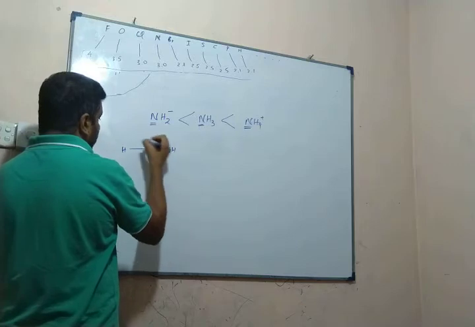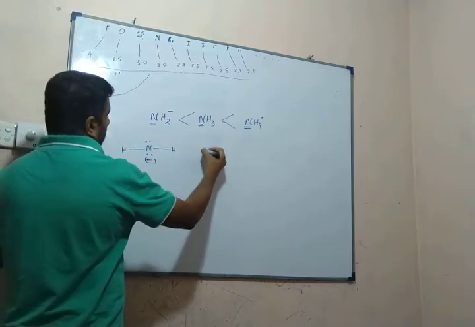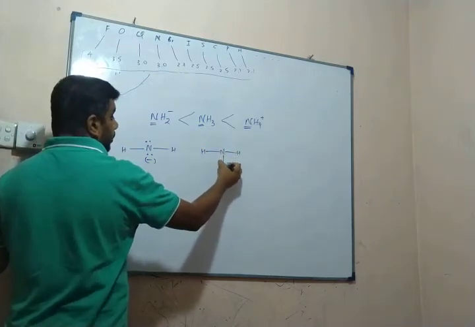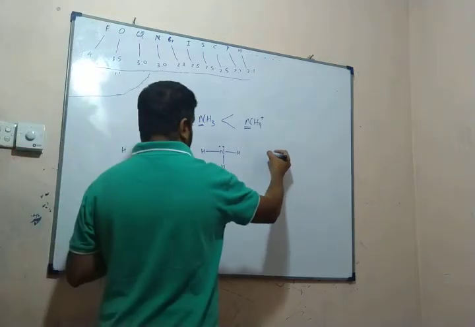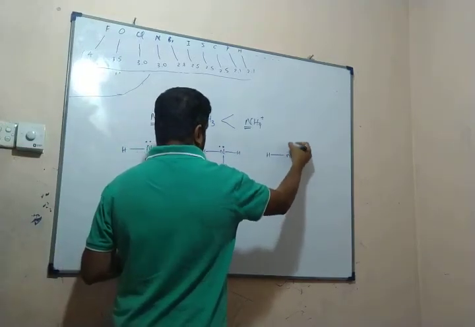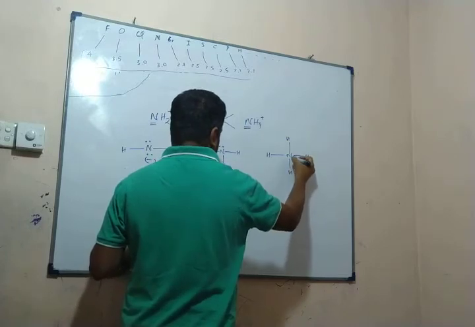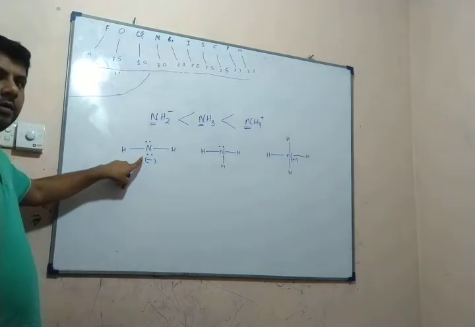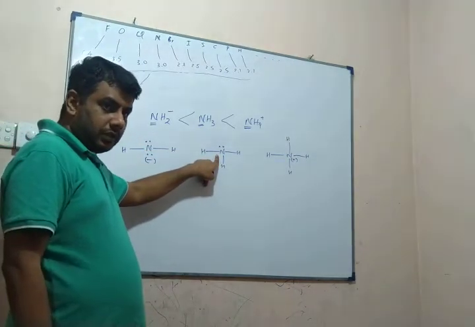I'm going to draw the Lewis structure of these three species. What's the charge on this nitrogen? Minus 1. Charge on this nitrogen? 0.